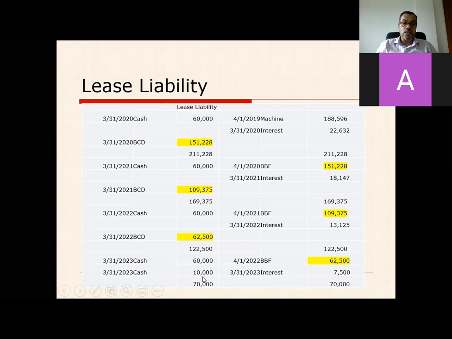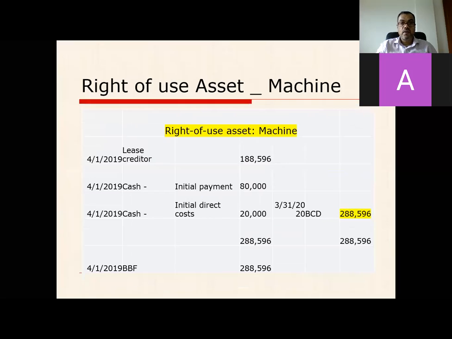But one special thing is noted in the last year. In addition to the rental payment, you can have a look here. The cash payment was 60,000. In addition, there is another cash payment of 10,000. That is nothing but the guaranteed residual value, because we have taken that into account when we calculate the present value. So therefore, we have to pay it.